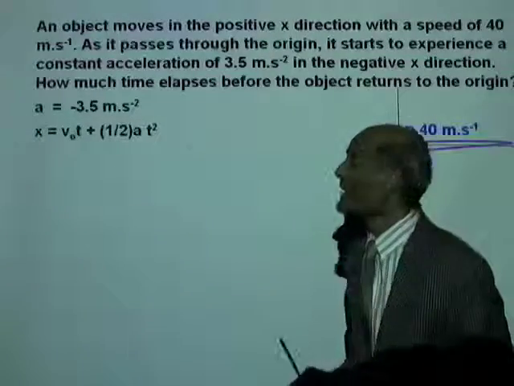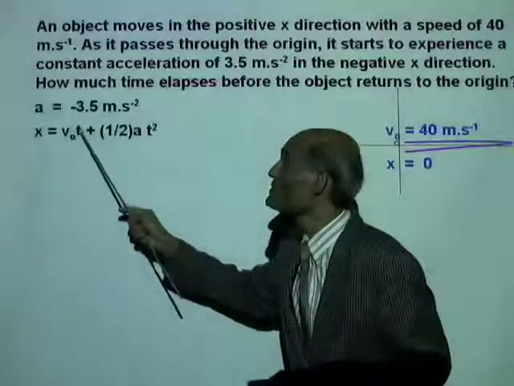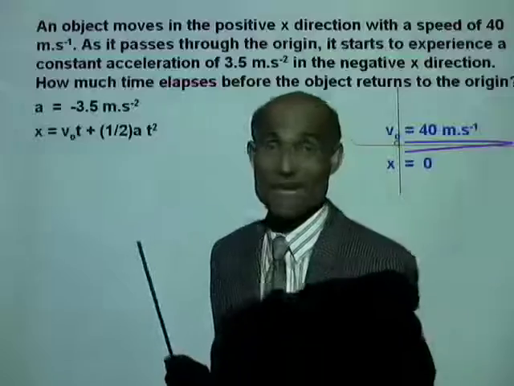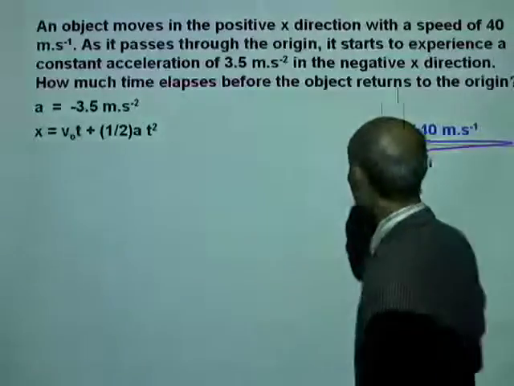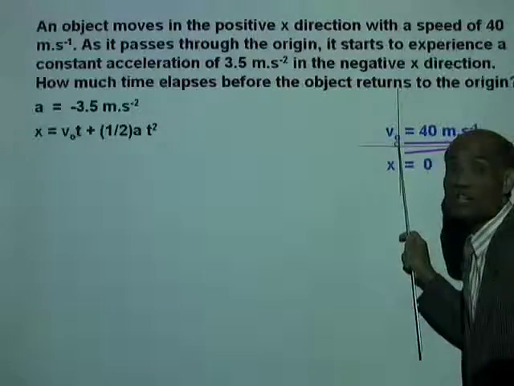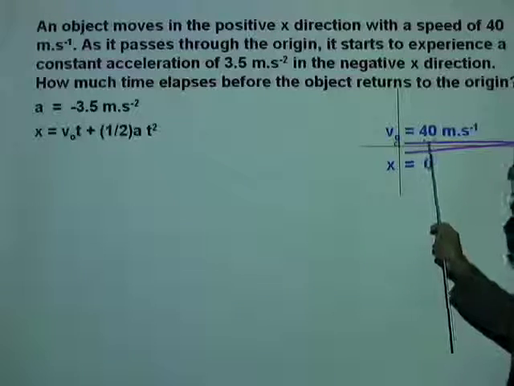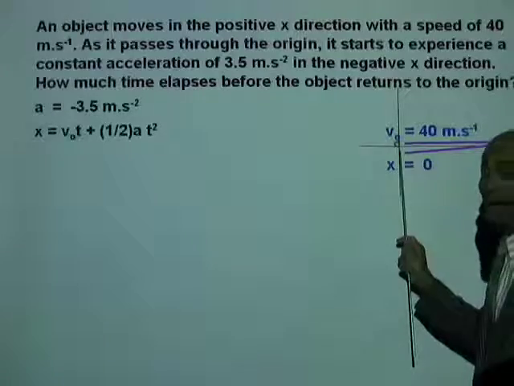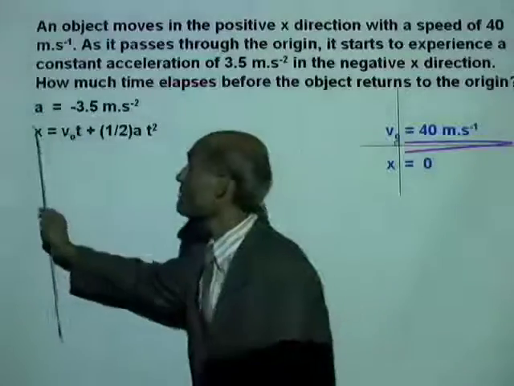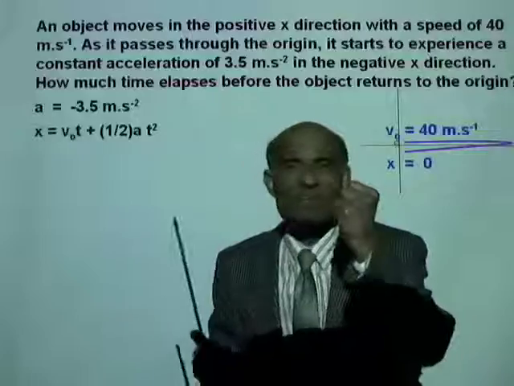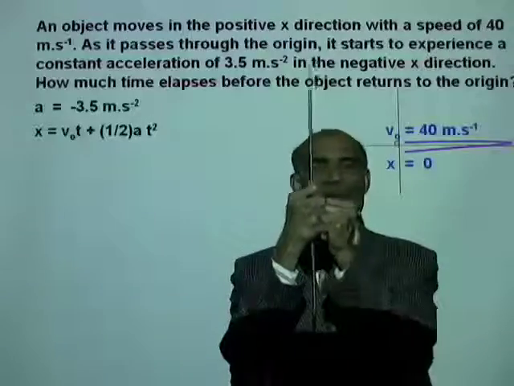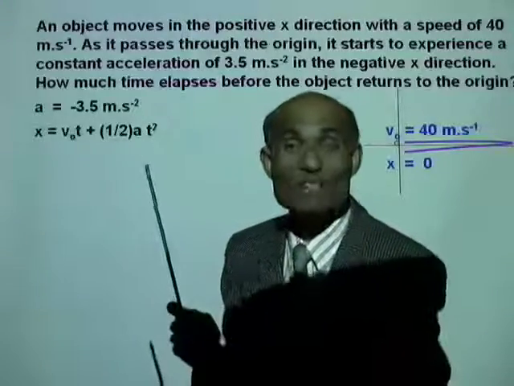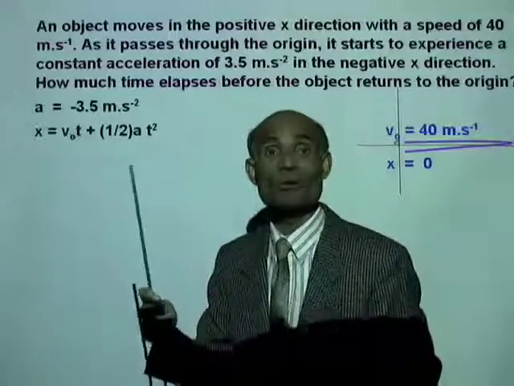Let's use the equation x equal to v0t plus 1/2 at squared. Now tell me, the object which is initially at the origin goes to a certain position and comes back. What is the value of x, the displacement, when the object comes back to the origin? Well, the displacement when the object comes back to the origin will be 0.